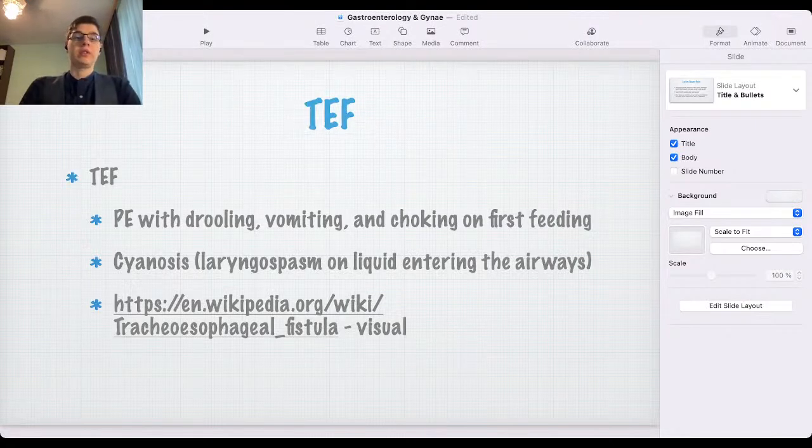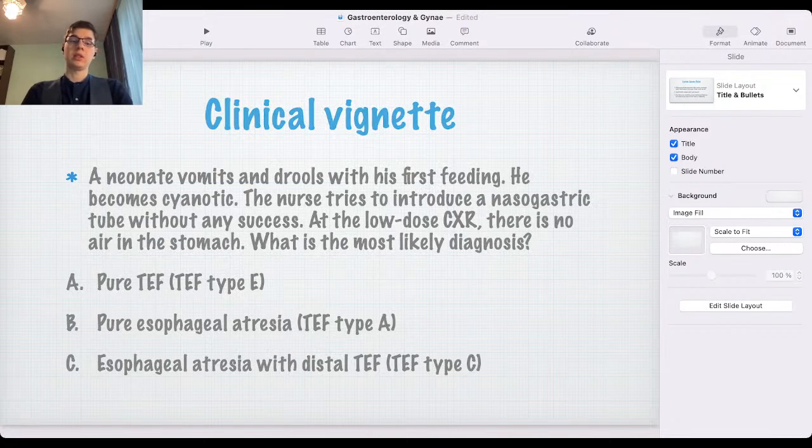A tracheoesophageal fistula presents indeed with drooling, vomiting and choking on first feeding, and cyanosis, laryngospasms on liquid entering the airways. The difference between these types is that the air bubble is seen when there is a communication with the respiratory system. If we have a distal tracheoesophageal fistula, although we have an esophageal atresia, we have still a communication with the respiratory system that leads to the air bubble.